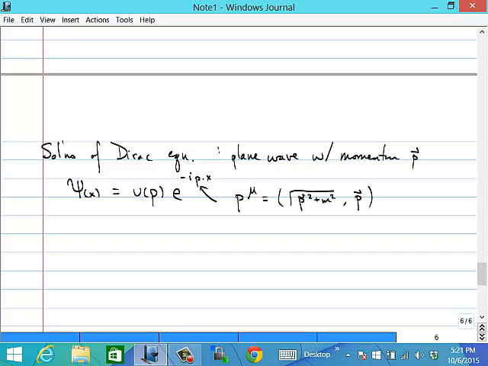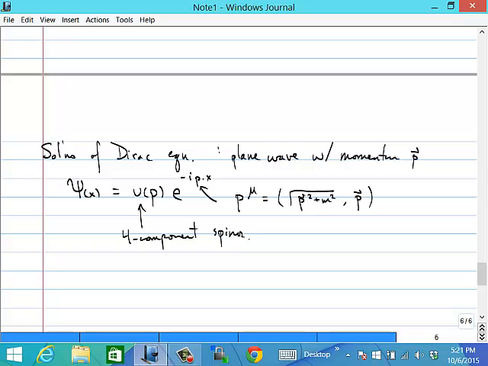So, just because every solution of the Dirac equation obeys the Klein-Gordon equation, we expect plane wave solutions of this form. Now here, u of p is some 4-component spinor, which is now a function of the momentum 4-vector p, really a function of the 3-momentum vector p.